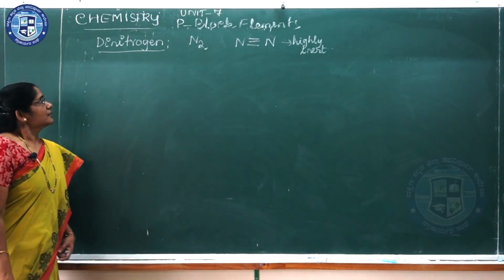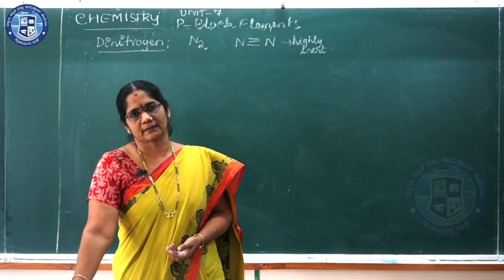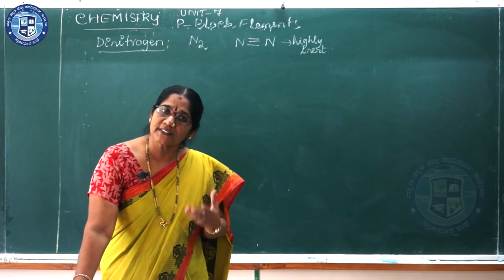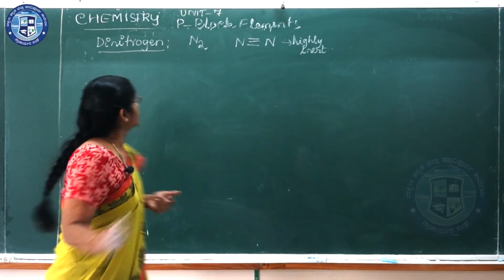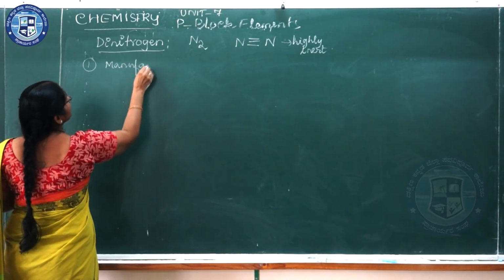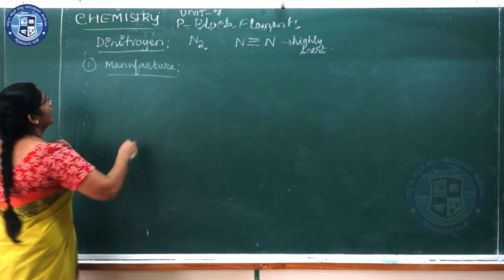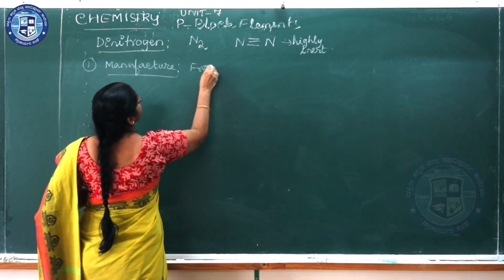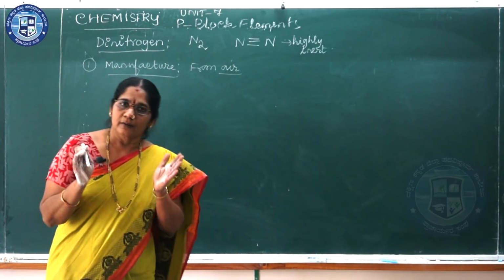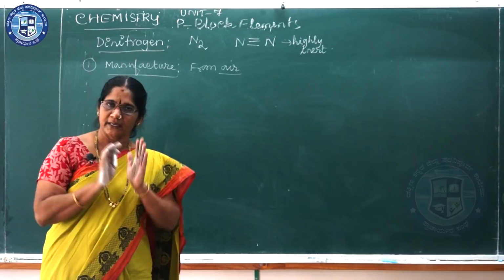Okay. So we will study the preparation of nitrogen in different ways. So first, nitrogen is abundant in the atmosphere. So how do we separate nitrogen from the atmosphere? So from air, this can be taken as the manufacture method to obtain nitrogen on a large scale. So first air is separated from moisture and carbon dioxide, it's made dry.